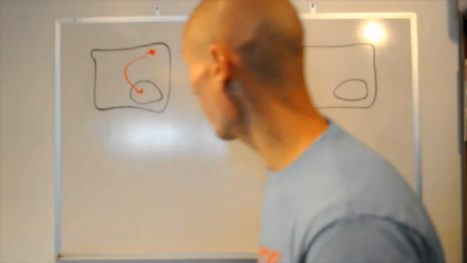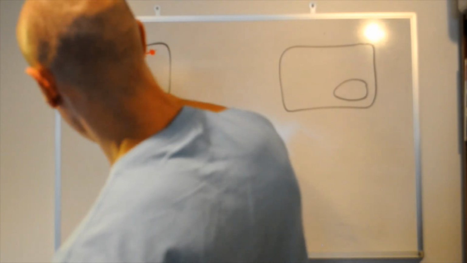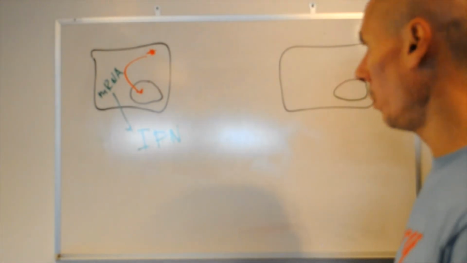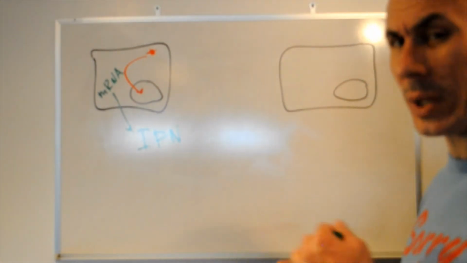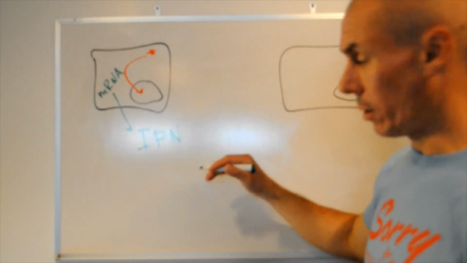And that gene expression essentially leads to the production of mRNA and then protein. And that protein is interferon, interferon alpha or interferon beta. It depends, type 1 or type 2, it depends on the pathogen, it depends on the cell. The point is, the infected cell starts to produce interferon.